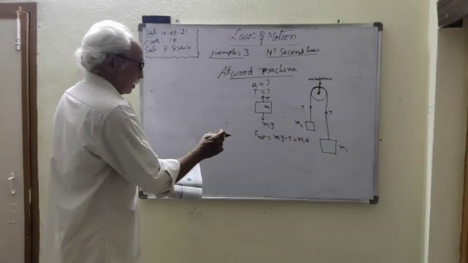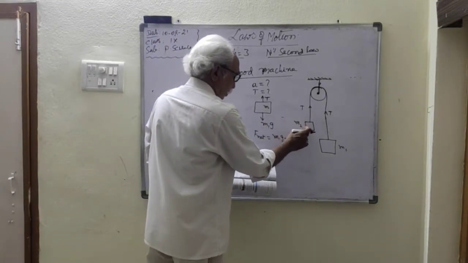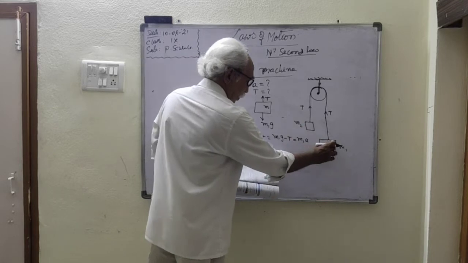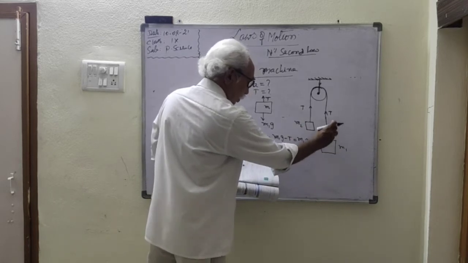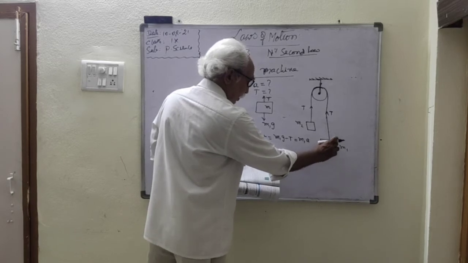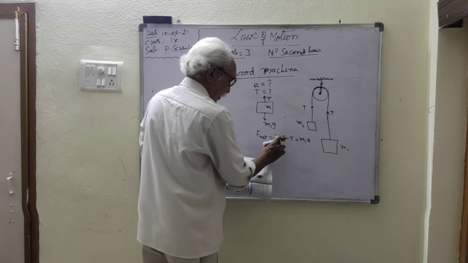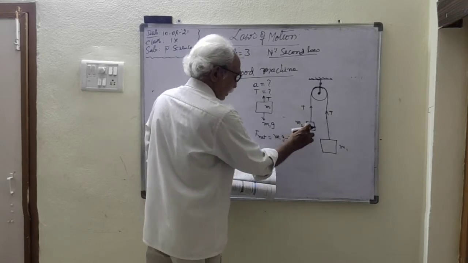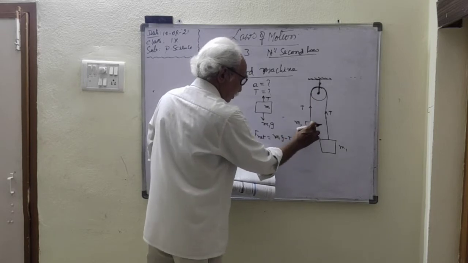Now the second one. In this case, tension is greater than the gravity force, because the heavier mass moves down with greater force, so the weight is more and tension is less on the first side. For the second body, tension force is greater and the weight is less.